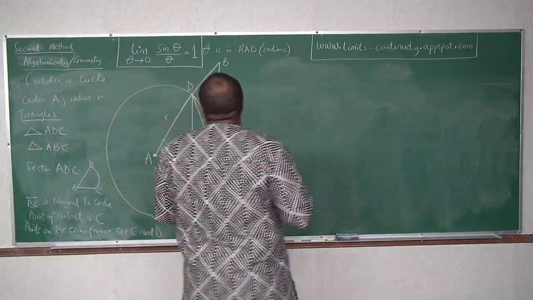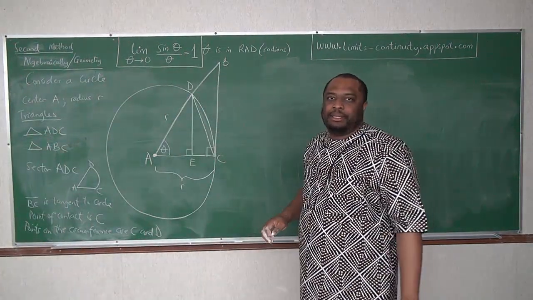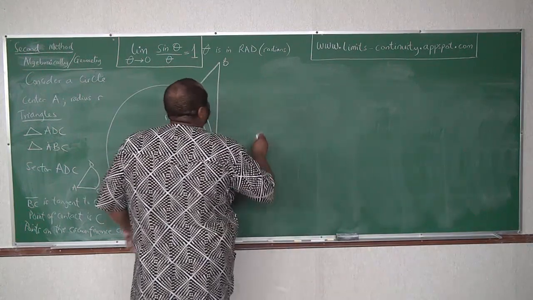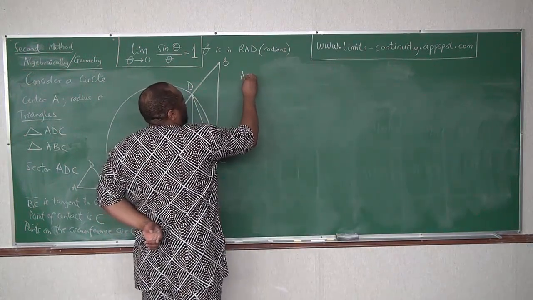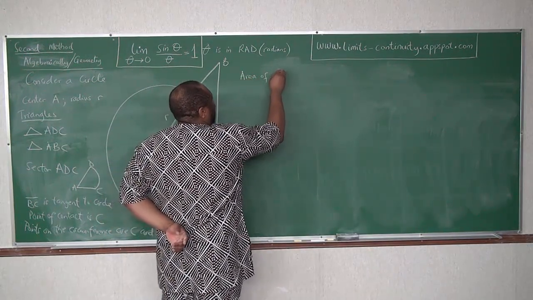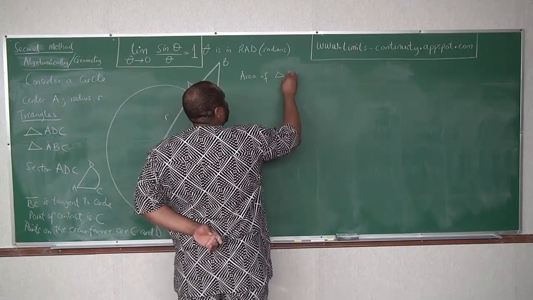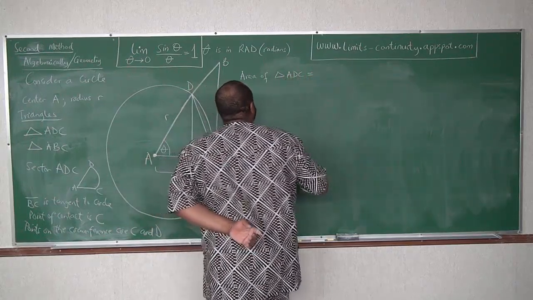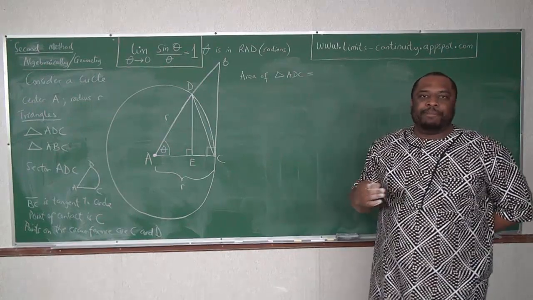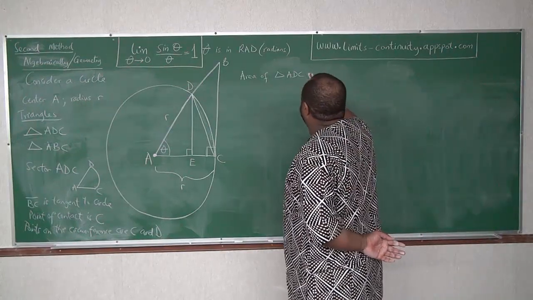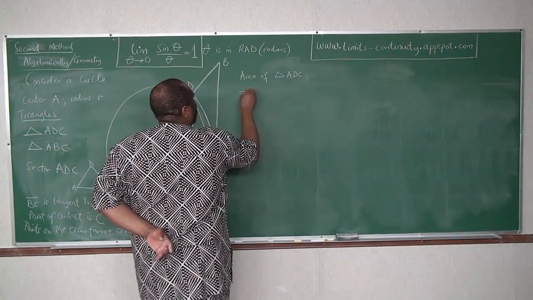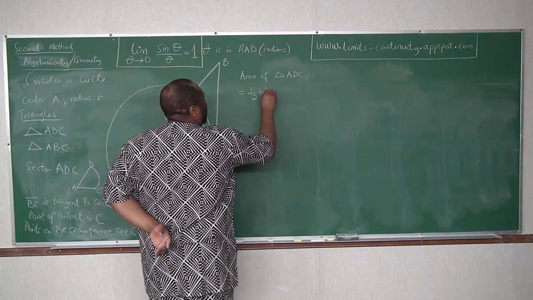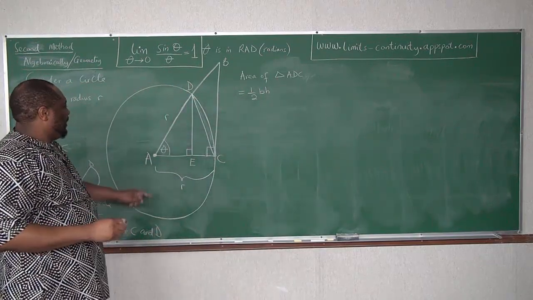Now let's do the area of triangle ABC. Of course, area of triangle is half base times height.